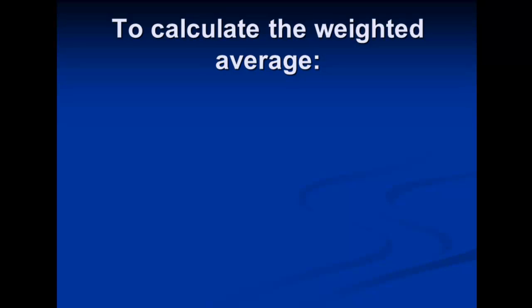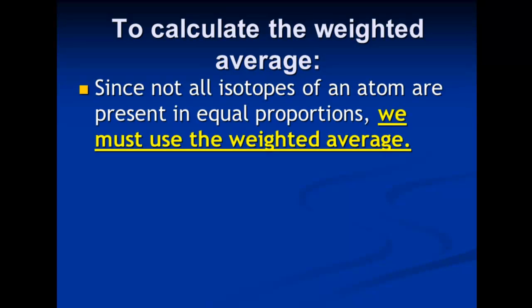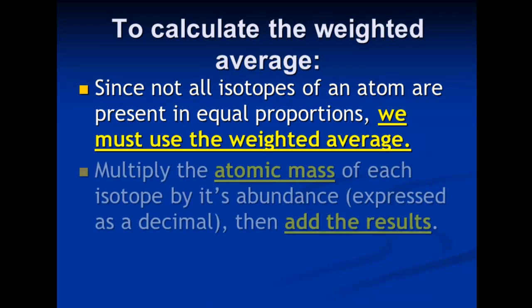To calculate the weighted average, since not all isotopes of an atom are present in equal proportions, we must use the weighted average. If we didn't, you would get numbers that were incorrect, masses that weren't really representative of what's out there in the world. And when we go on to do our more advanced chemistry calculations later this year, you would get the wrong answers.